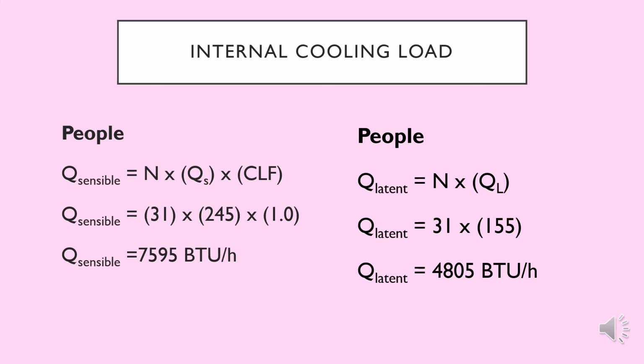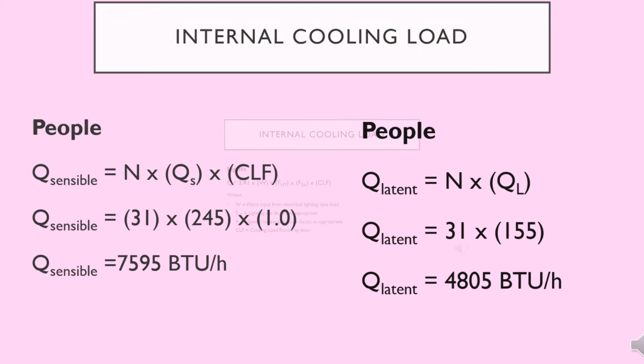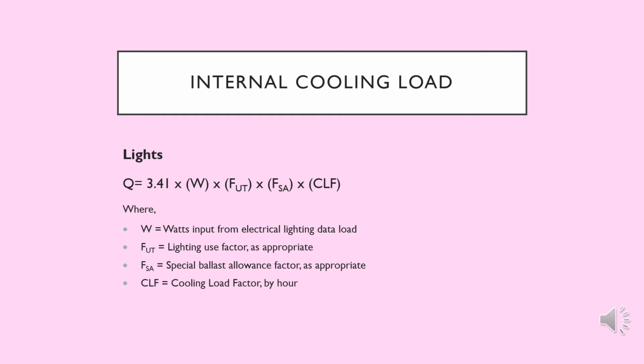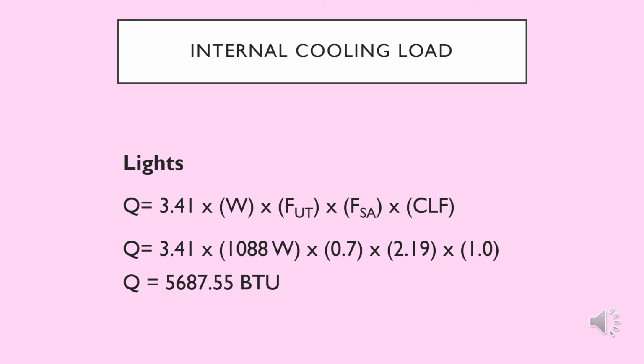Q sensible 7595 BTU per hour, Q latent 4805 BTU per hour. This is the internal cooling load formula for light. This is the internal cooling load for light calculation. Q is 5687.55 BTU.